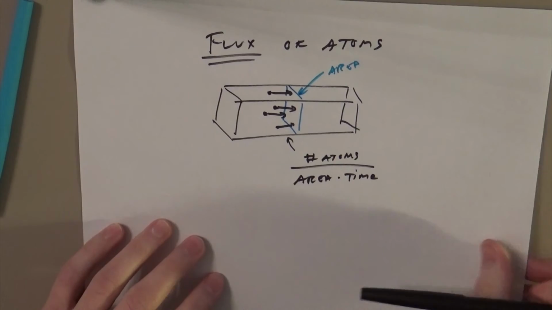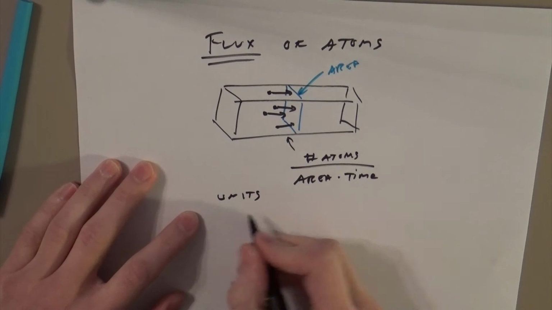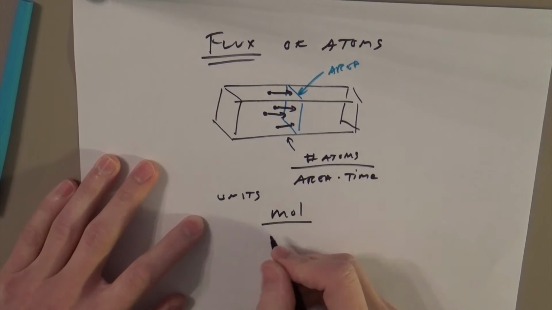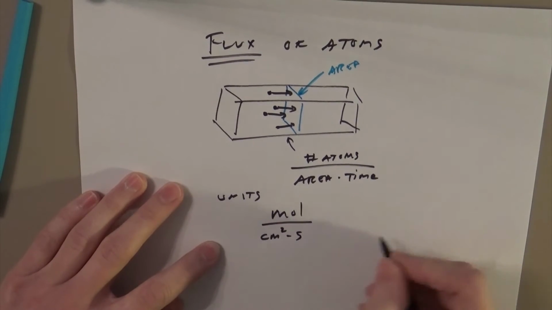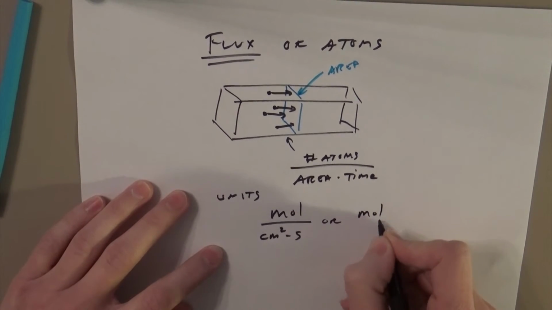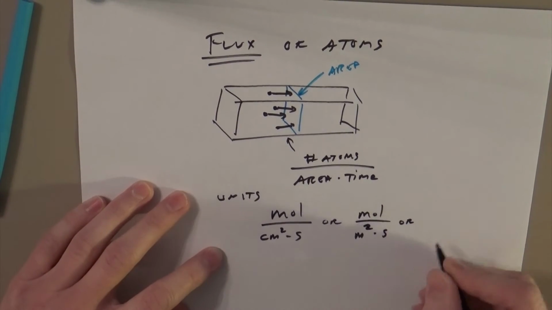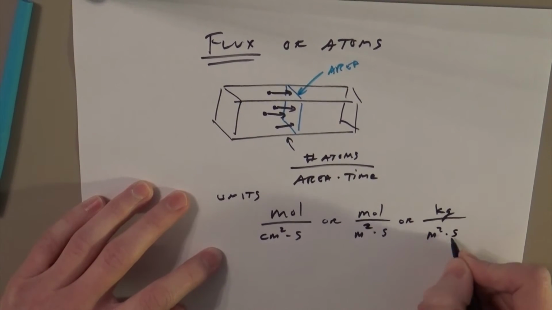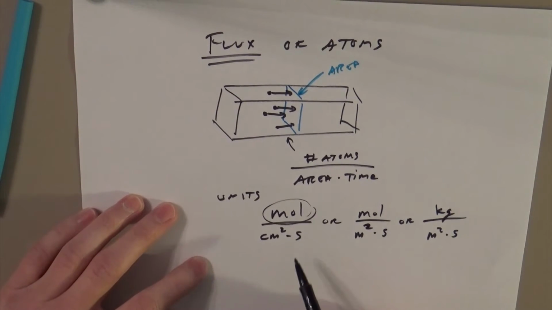Which means that we use units of mole per volume per second, or we say centimeter squared per second, or mole per meter squared second, or we could even do this by mass. We could say kilogram per meter squared second, but it's always some unit of amount of atoms per area per time.